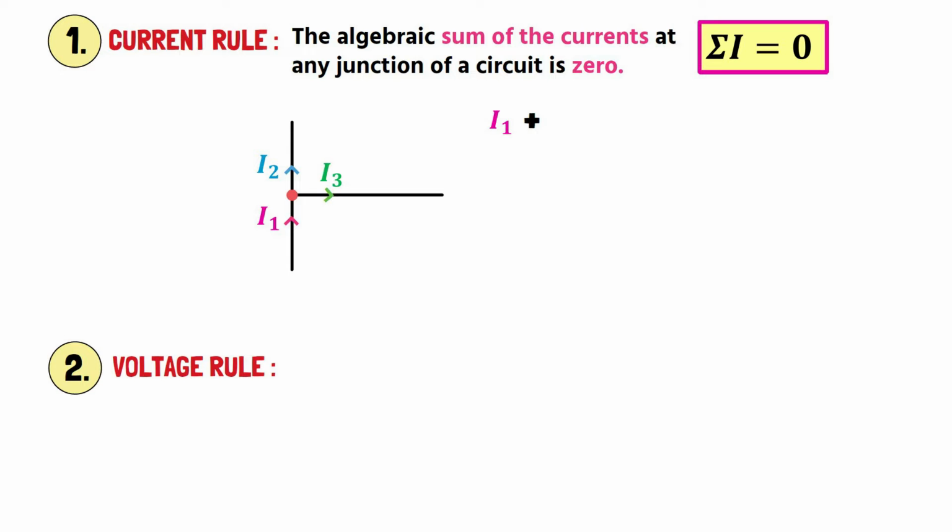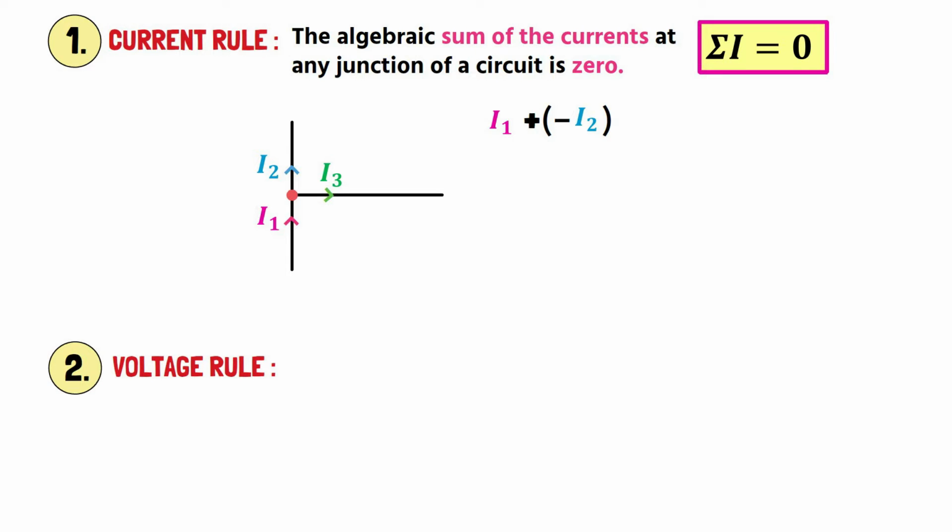Jadi, kita perlu letak negative sign untuk menunjukkan arah yang berbeza. Macam kita belajar sebelum ni, kalau direction ke kanan positif, direction ke kiri negatif. Sama juga macam ini. If the current is into the junction, so we take it as positive sign. But when the direction of the current is outward from the junction, we take it as negative sign.